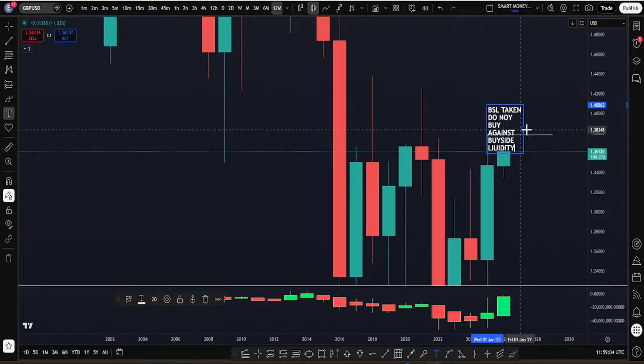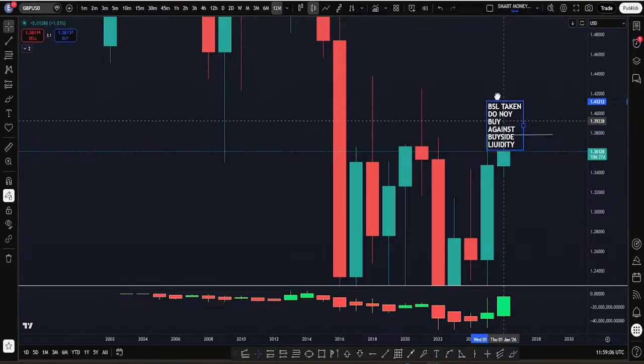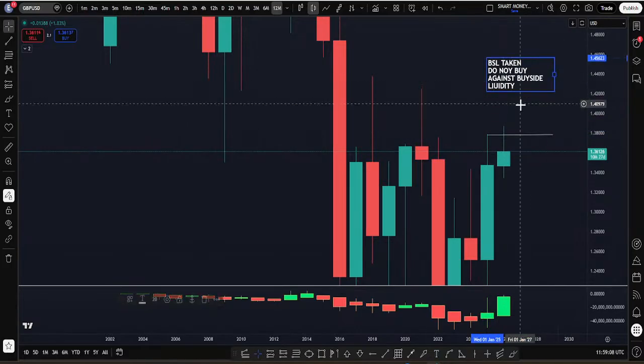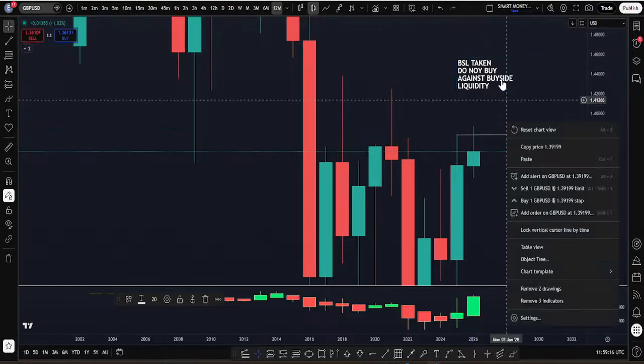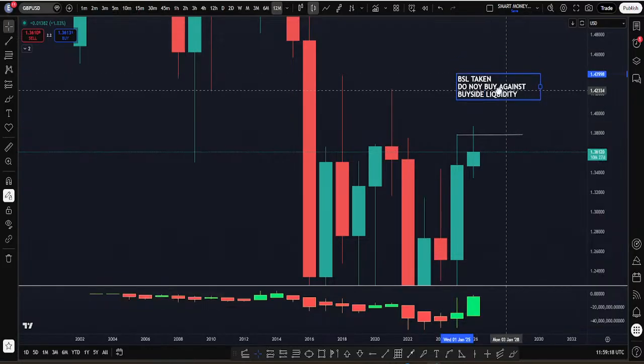Okay, so that's essentially what we're working with here. We don't want to buy against that. So automatically that gives us an understanding of where price is going on a larger scale.